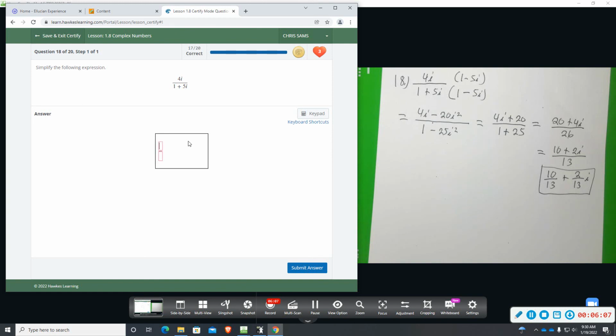I'll do the division bar first. 13 plus 2, 13, and then add the i at the back. You should be able to take it that way as well.